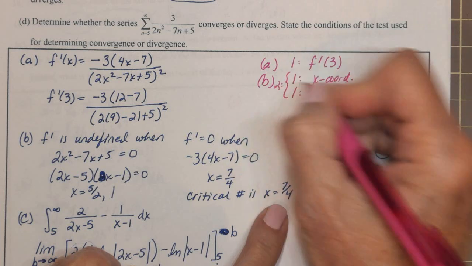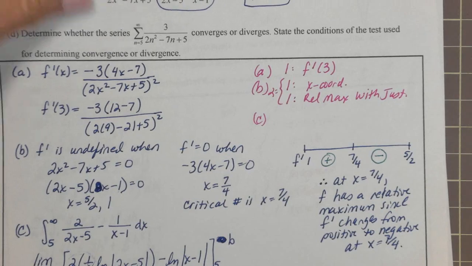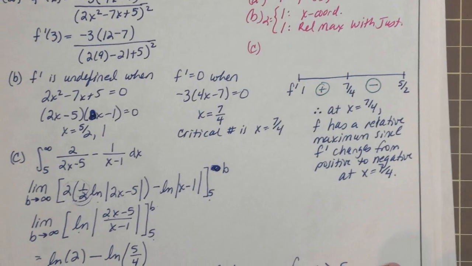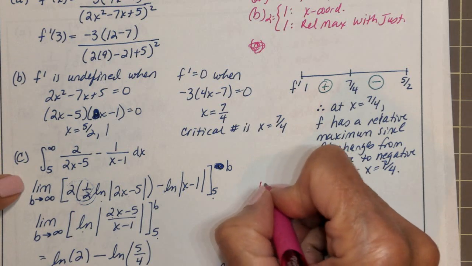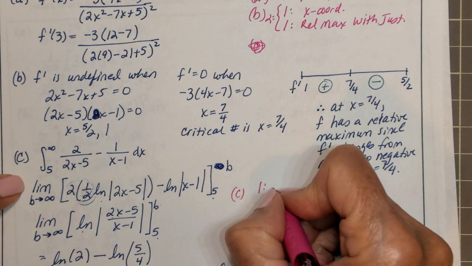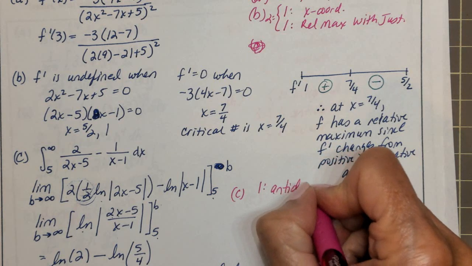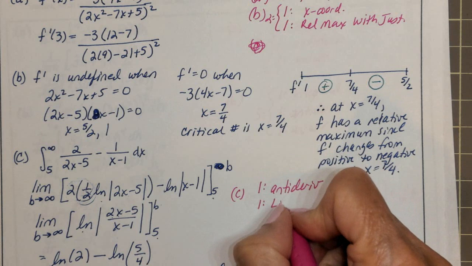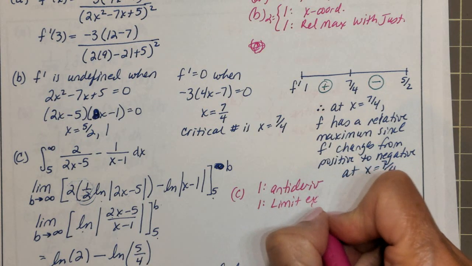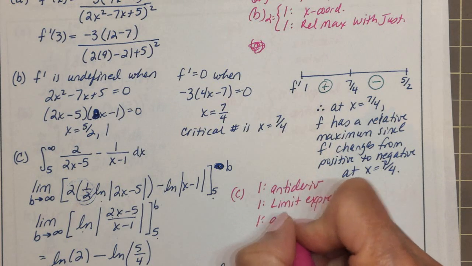So 2 points for part B. Part C, 1 point for the antiderivative, 1 point for the limit expression, 1 point for the answer.